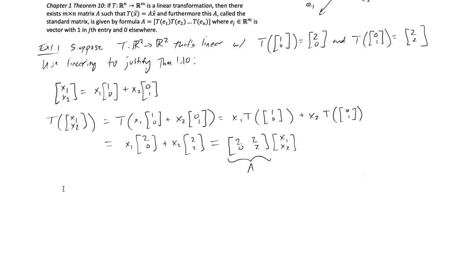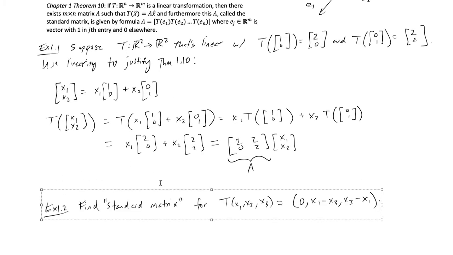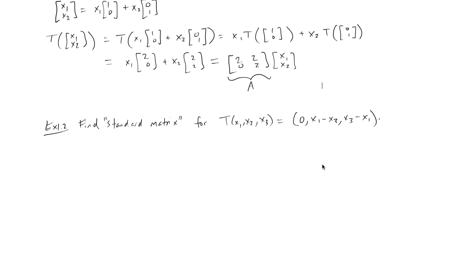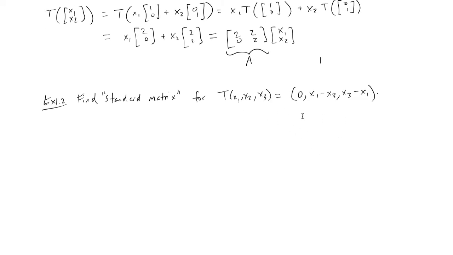Let's look at another example. And the formatting of this example is a little different. This is what the textbook uses sometimes when we're talking about transformations. So this transformation is taking a vector, and the vector is written as a row here in R3, has 3 coordinates, to another row in R3.